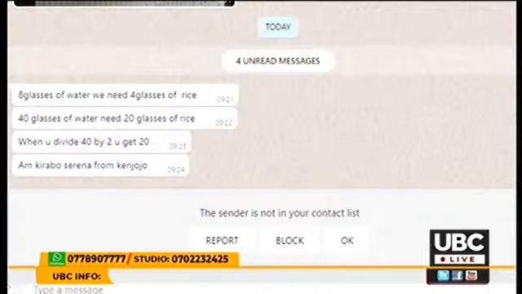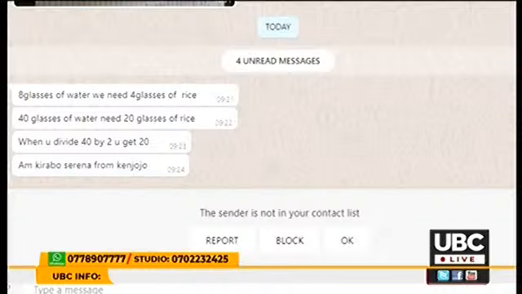There is somebody from Kirabo, Serena from Chenjojo. 8 glasses of water will need 4 glasses of rice. That is correct. 40 glasses of water will need 20 glasses of rice.